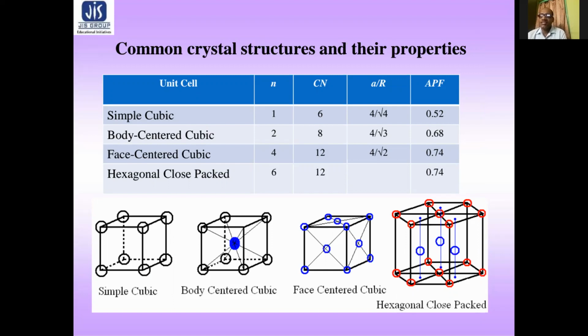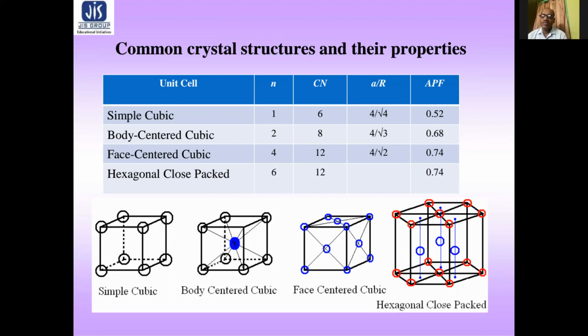Another very important property is the coordination number. Coordination number is defined as the number of nearest equidistant neighboring atoms, and in this simple cubic structure, it is 6.